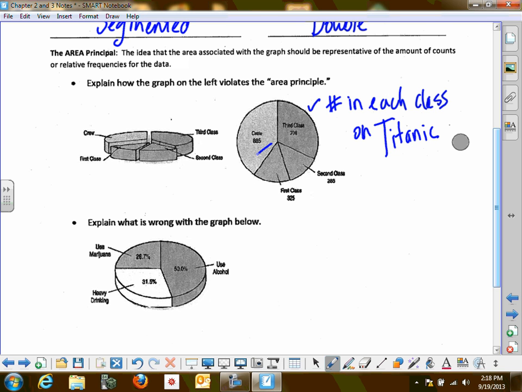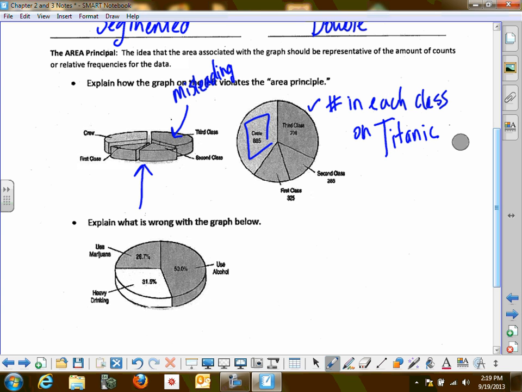The crew did. Now, however, if you look at this very pretty three-dimensional picture, what does it look like has the most in it? Which one looks like the biggest? I think third class looks like the biggest. Okay? It's misleading because it's not really the biggest, and it appears to be.